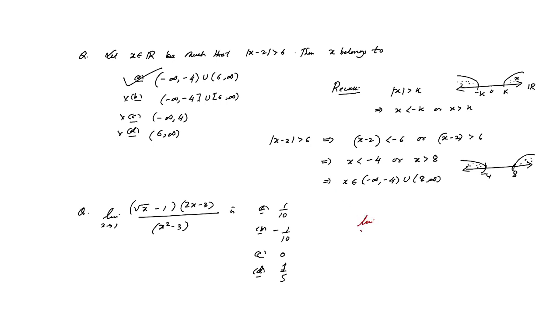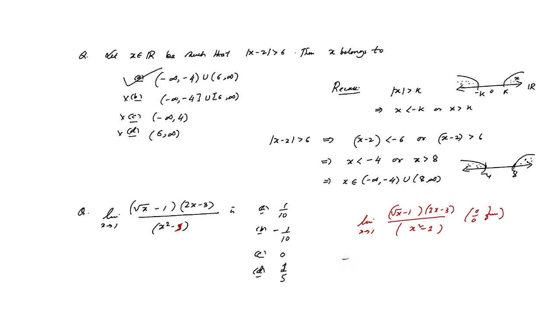Limit x tending to 1 of root x minus 1 multiplied by 2x minus 3 by x square minus 1. As x tends to 1, it is basically 0 by 0 form.